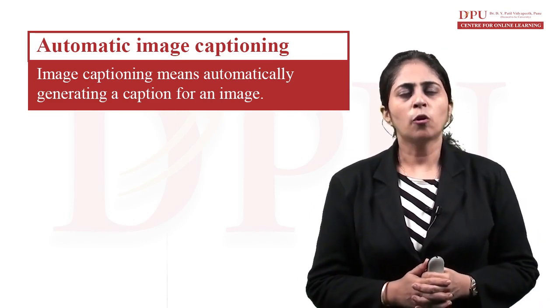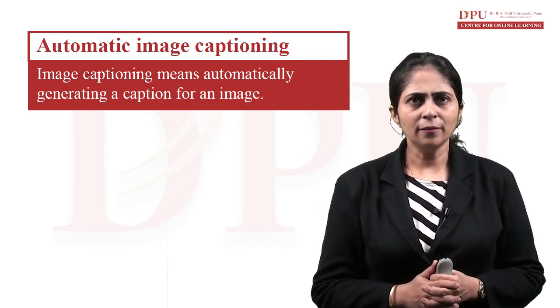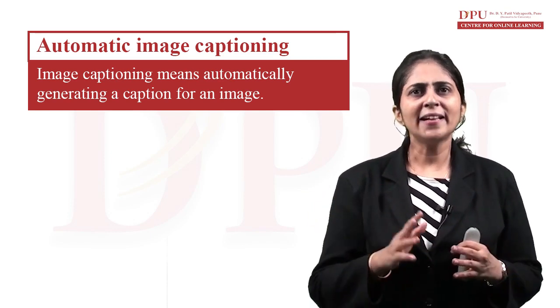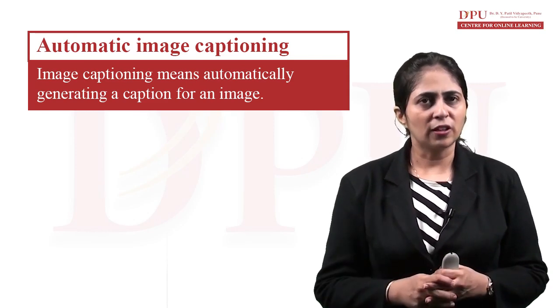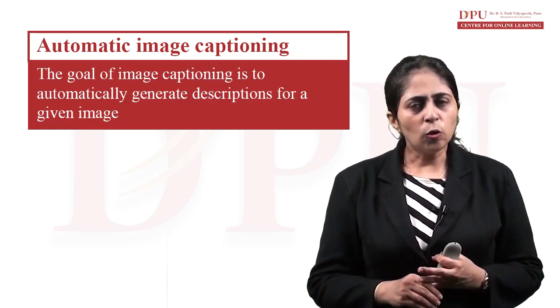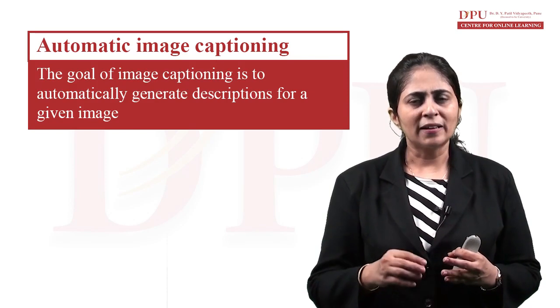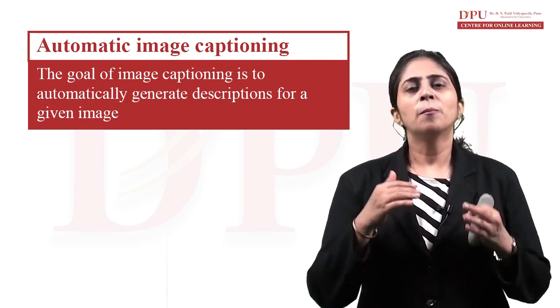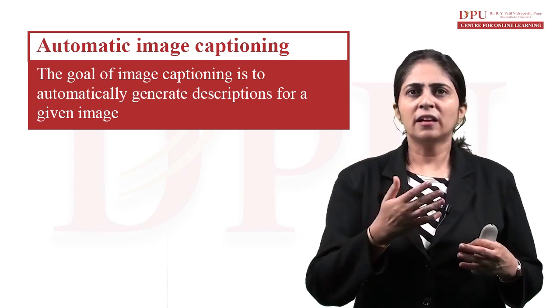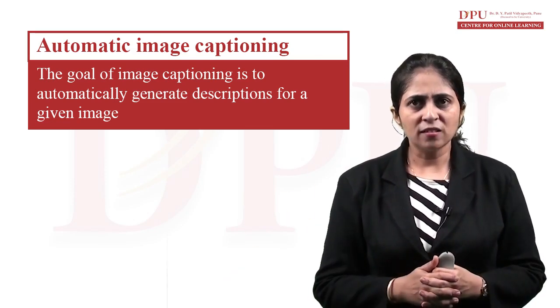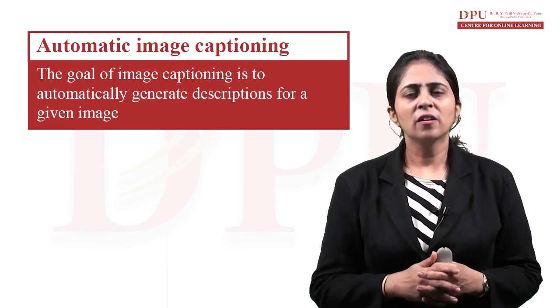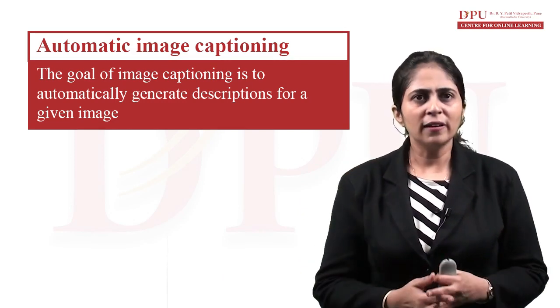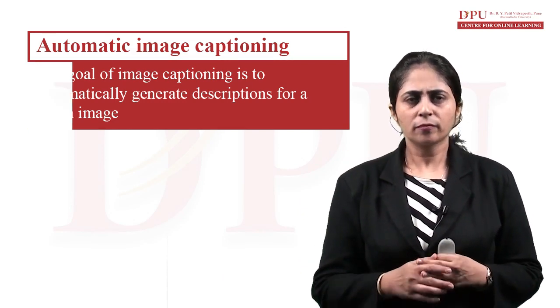So basically, what happens in case of image captioning? We are automatically generating a caption for the image. The goal here is to automatically generate the description of the image by capturing the relationship between the objects which are present in the image and generating some natural language expression.